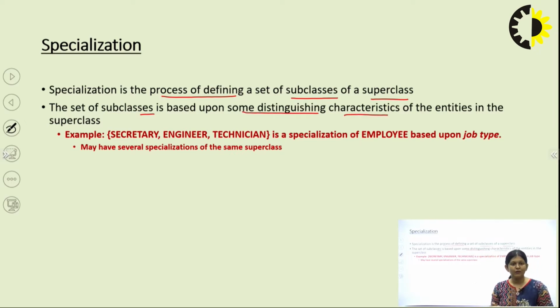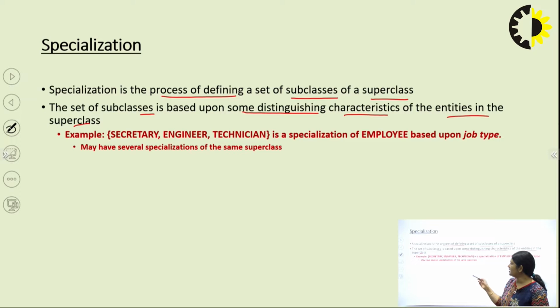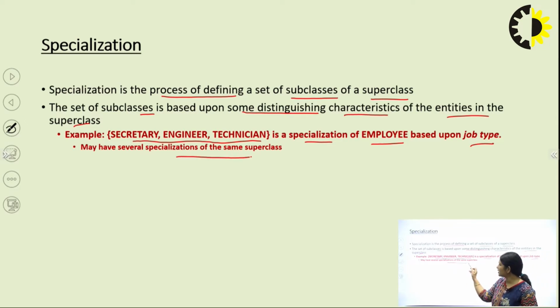As the word tells itself, there must be certain special attributes or distinguishing features of the entities that we can subgroup in the superclass. Just now, we have seen that these subclasses are specializations of an employee based upon the job profile. Likewise, we may have several specializations of the same superclass.